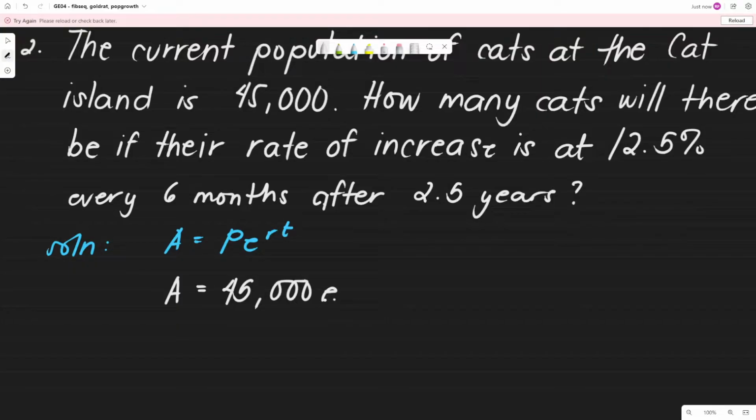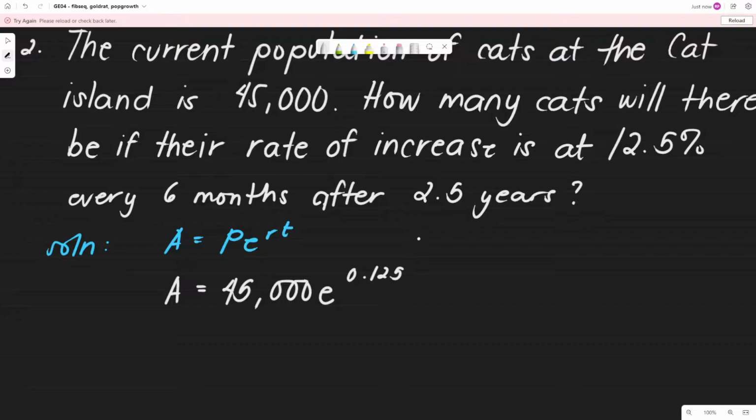The rate is 12.5%. Converting from percentage to decimal, that will be 0.125. We move 2 decimal places to the left to get the decimal equivalent.